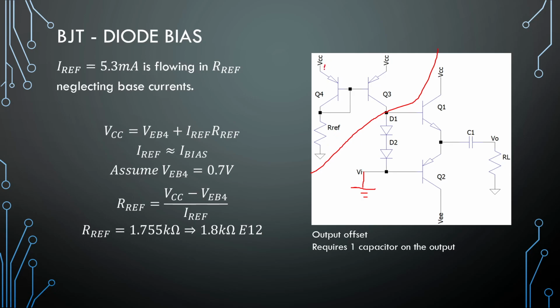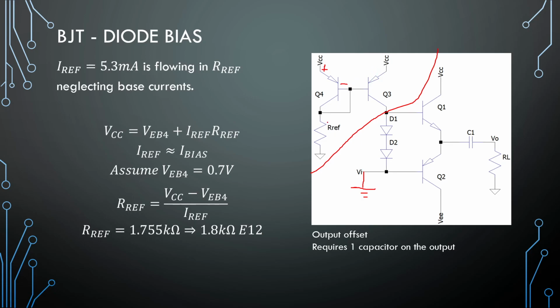So the current flowing into it right here and out of it on this side is the same. And applying Kirchhoff, we have VEB plus Iref times Rref. So that creates a nice reference for us. Now, the VBE here and the VBE here would be exactly the same.